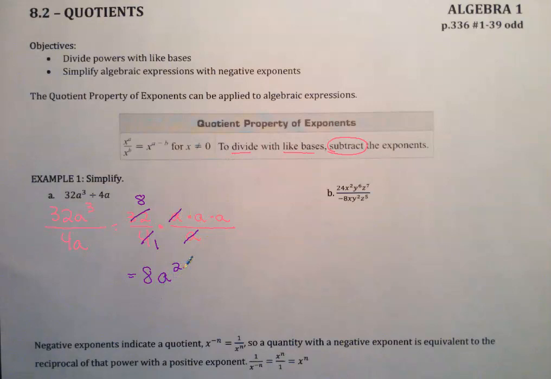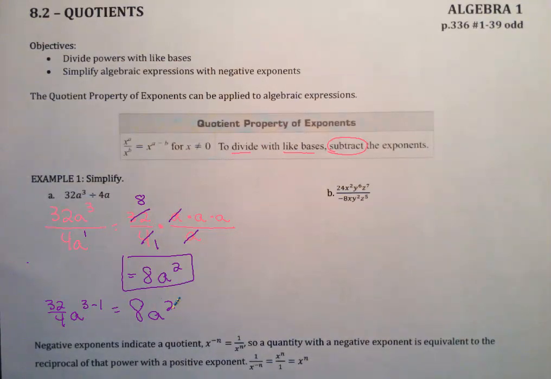So it's a to the second. You're right, Cameron, but I wanted to show you why it is subtraction. This would have been the same thing as 32 divided by 4, a to the third power minus 1. We don't ever write the 1, but it is 3 minus 1. And that's going to get you 8a squared as well. But I wanted you to see it drawn out so you understood why.